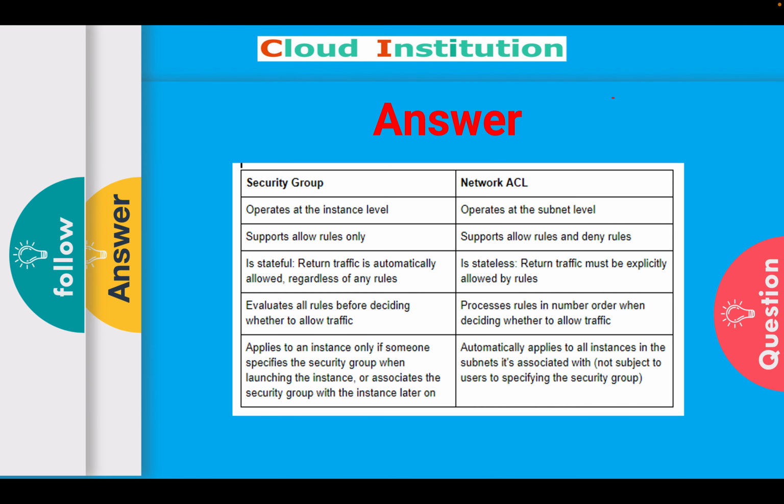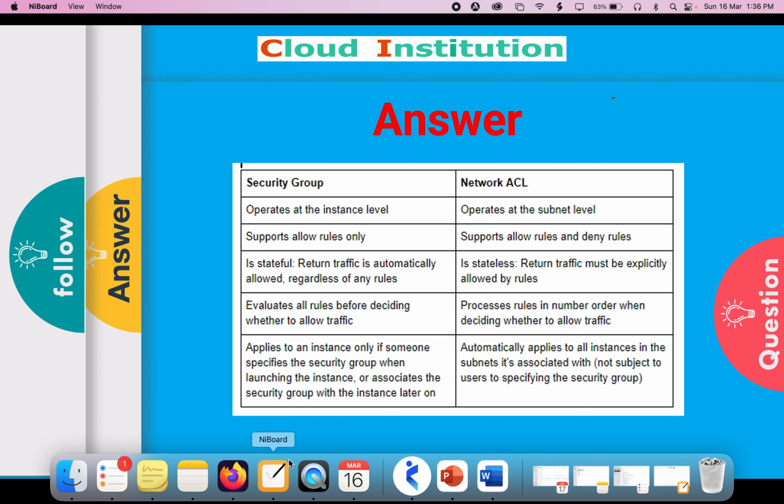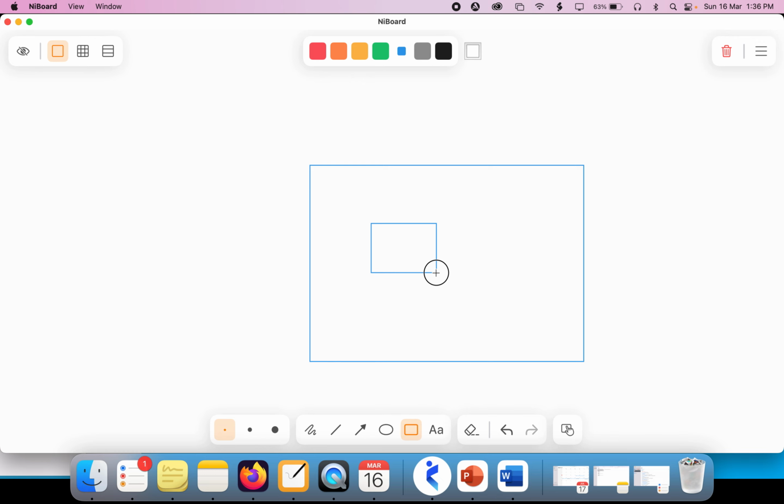So the answer for this question will be, NACL operates at the subnet level. Security group operates at the instance level. For example, if this is a subnet, and you have instances inside, the security group will be protecting at the instance level. These are the EC2 instances, EC2 1 and EC2 2.